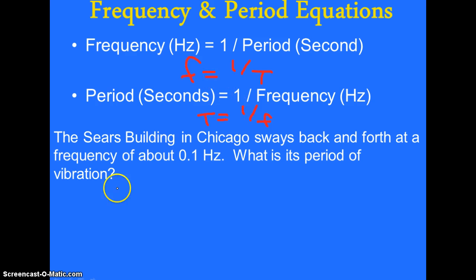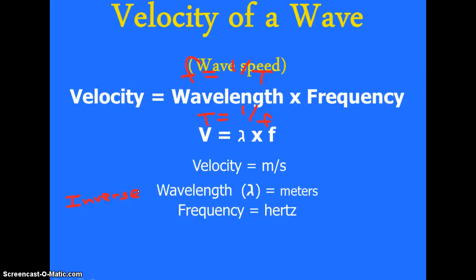If you look at those two terms, you can see these two are inverse of each other. So here's some examples we're going to go through. I want you to practice these on your paper, see if you get the same answer I get, and we'll go over these in class.